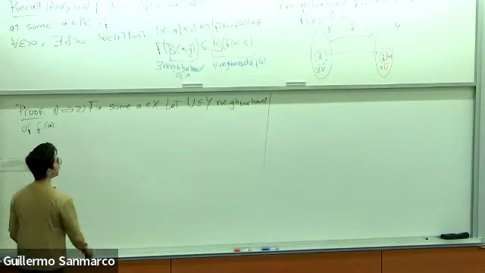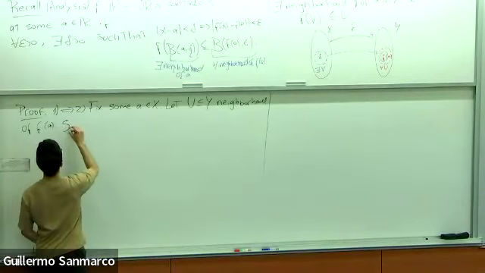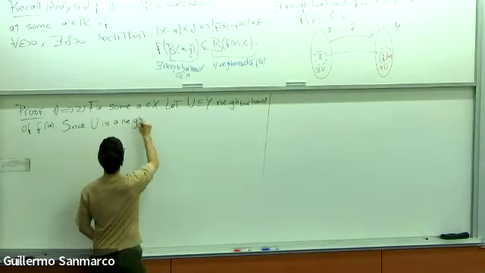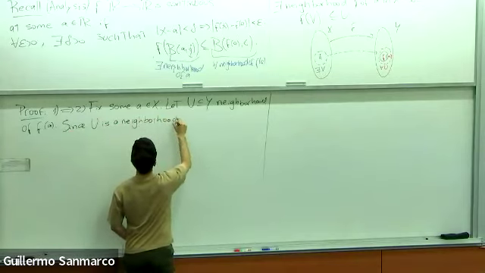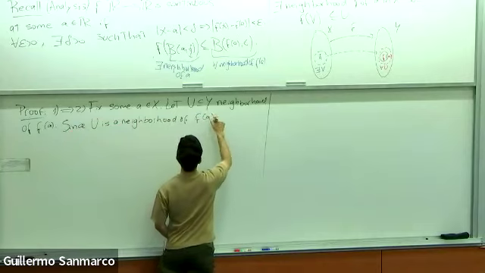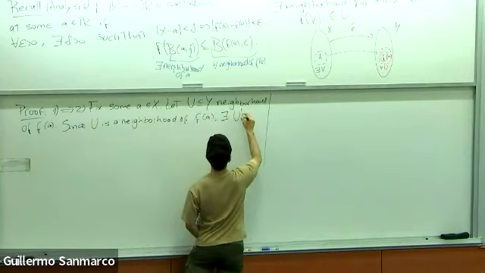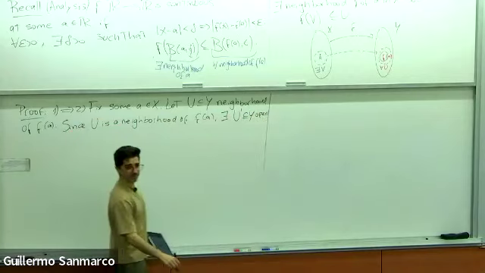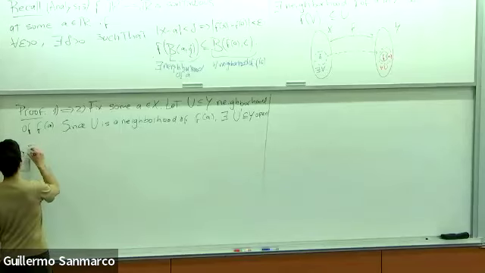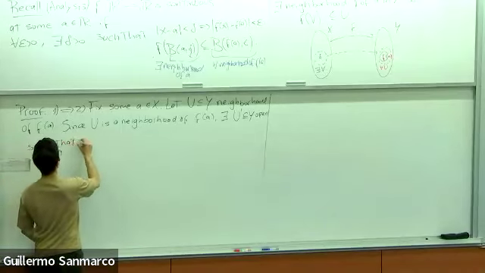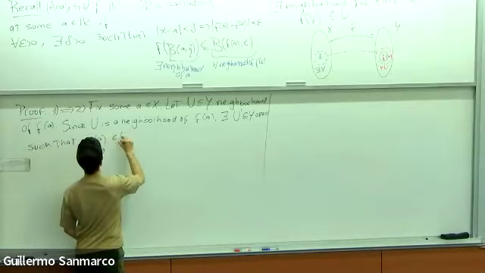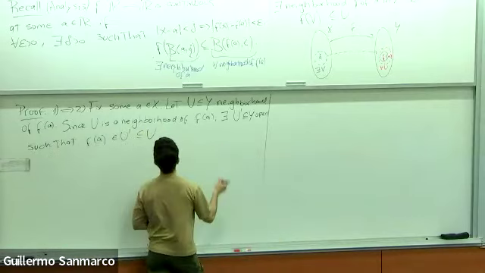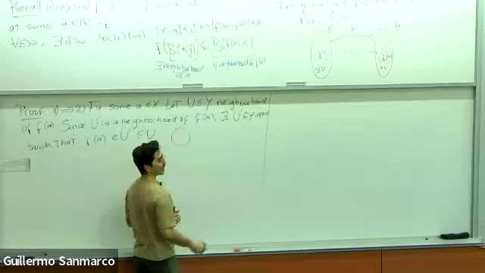So maybe let's write what we know. Since U is a neighborhood of f of A, we know there exists some U prime in Y, which is open. I'm just writing the definition of neighborhood, such that f of A is actually inside this U prime, which is inside of U. So remember what we're doing here: maybe your U is not open, but it has an open part.